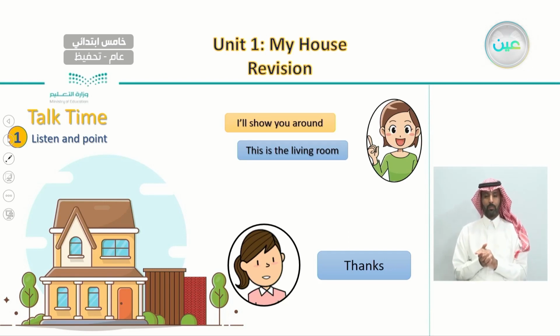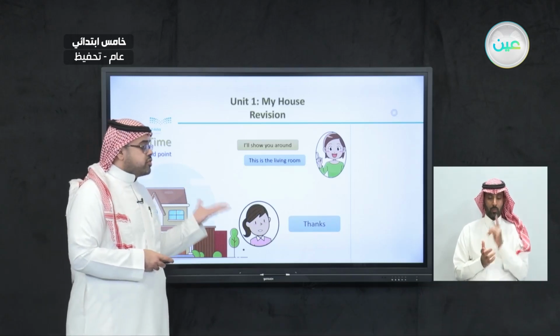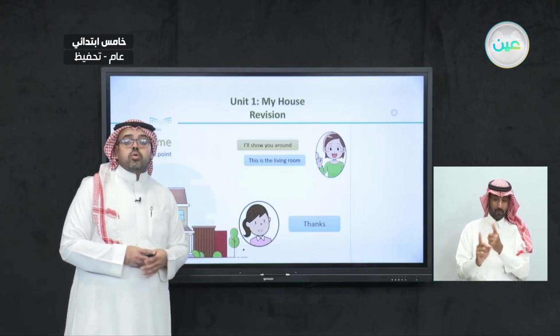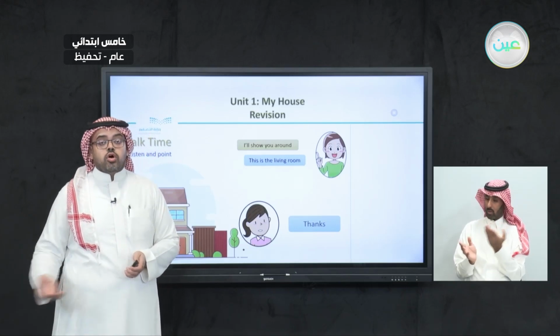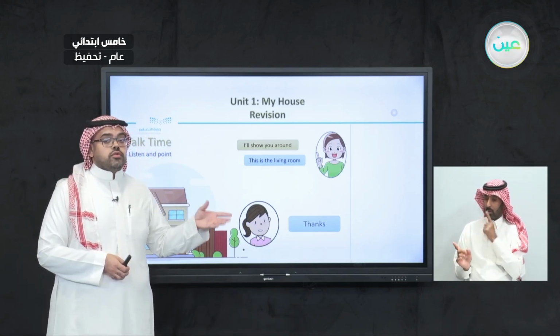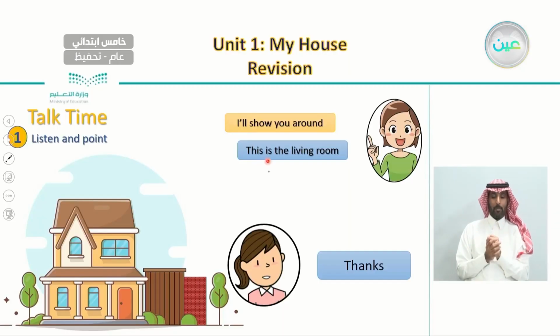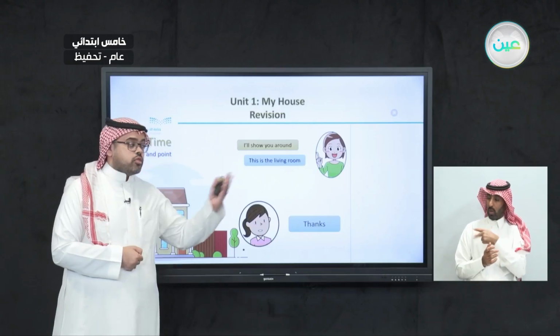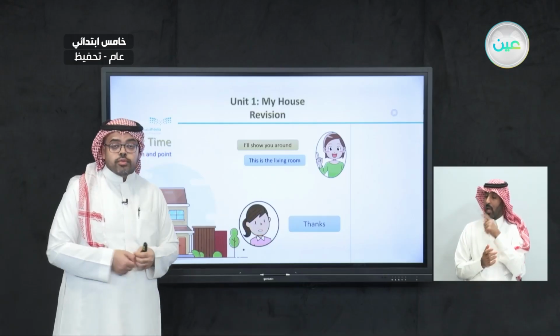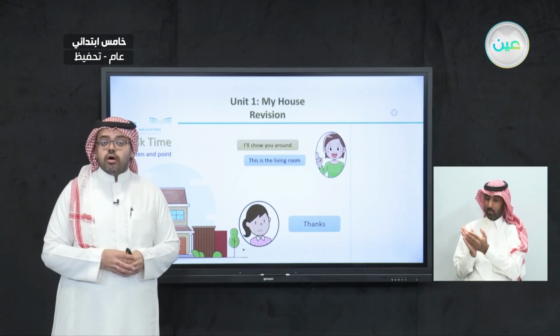Not only this, but we also learned that when you want to introduce or talk about different rooms, you start with "this is." For example, "I will show you around. This is the bedroom. This is the yard.